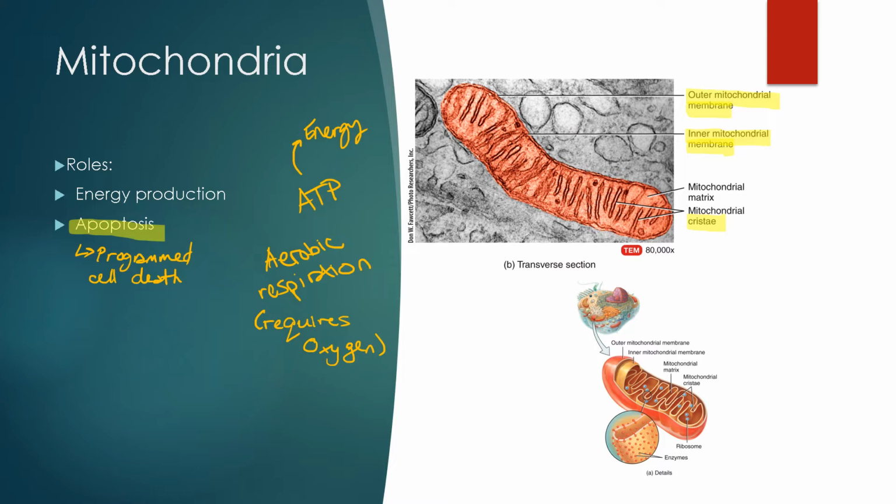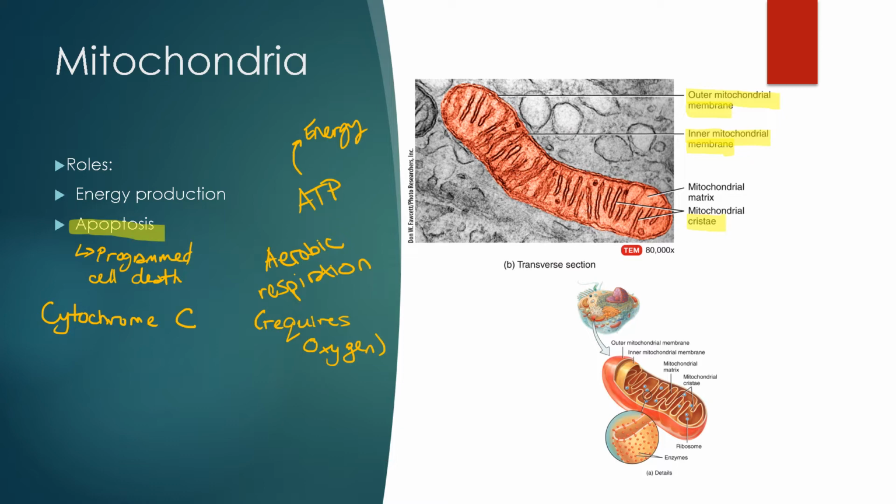Now, one of these chemicals is known as cytochrome C. Generally, this is in the mitochondria pretty happily. It works in creating ATP. But if cytochrome C is released into the cytosol, it initiates a cascade of activating protein digesting enzymes that bring about apoptosis.